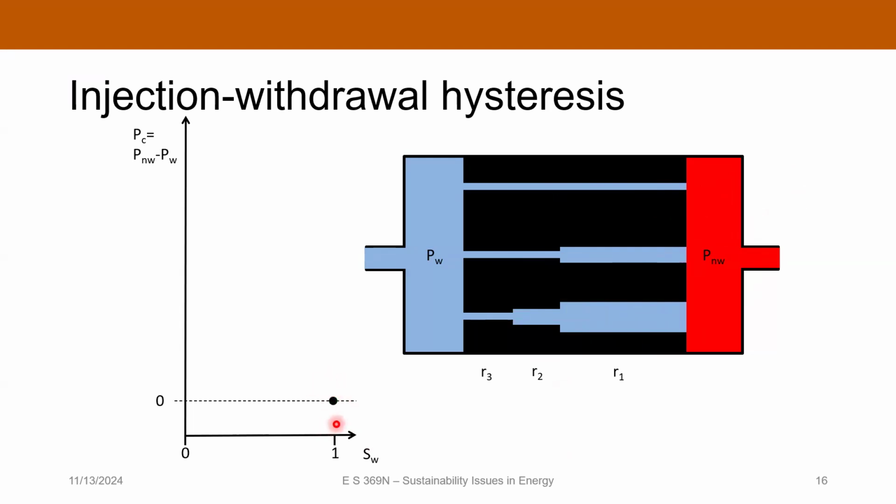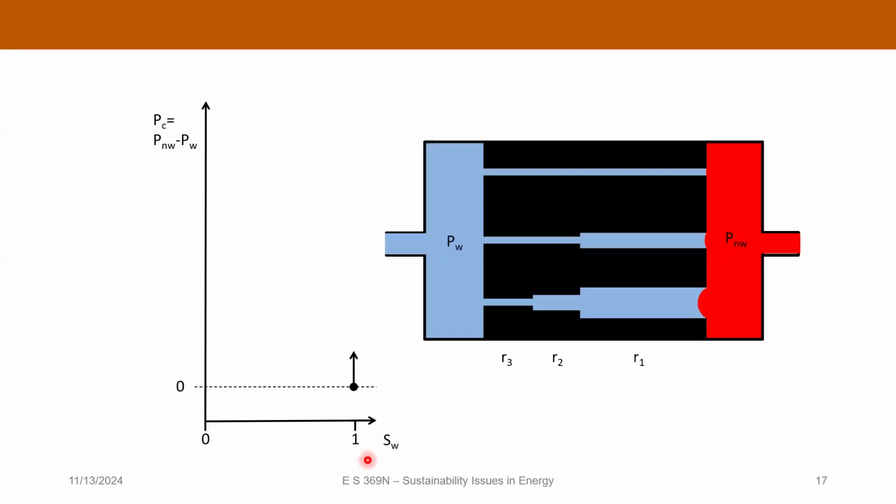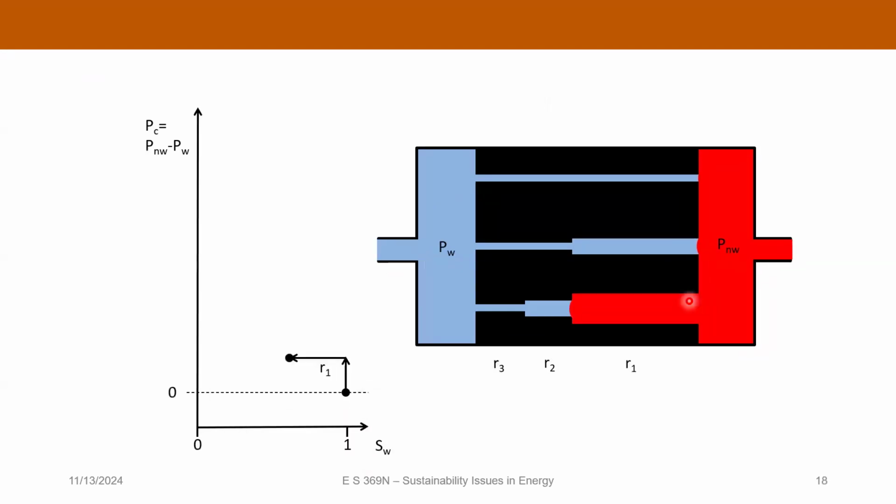So our initial condition is here. The entire pore space is taken up with the wetting fluid. So if I pressure up on the non-wetting fluid, it's going to try to get into these pores. And eventually, when I overcome the entry threshold for this largest pore, we're going to drain all of the wetting fluid out, and now it's going to be filled with the non-wetting fluid.